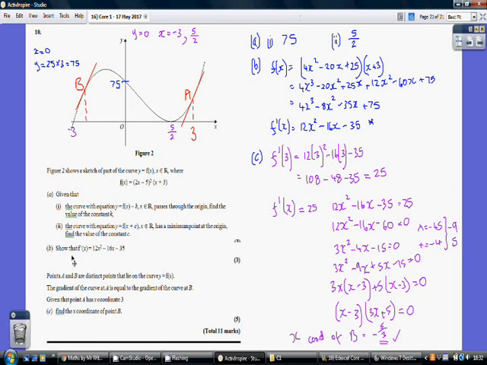Now for part B, we're being asked to show that the differential equals this. So first things first, let's multiply out the curve, getting it in a fit state to differentiate. So 2x minus 5 all squared is 2x minus 5 times 2x minus 5, which is 4x squared minus 20x plus 25. Multiply that by x plus 3.